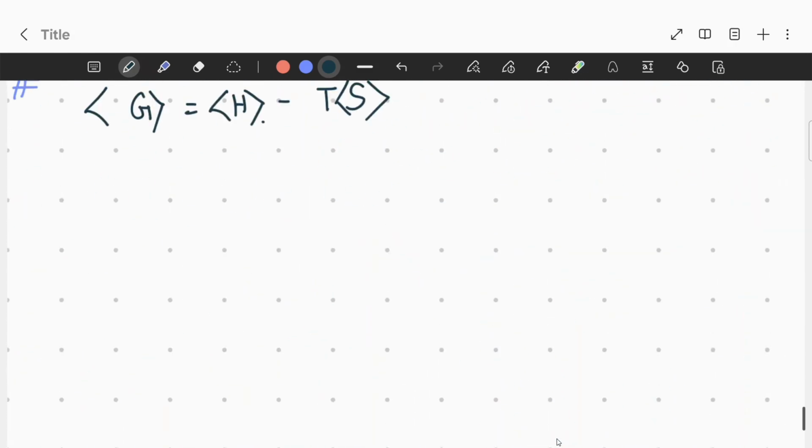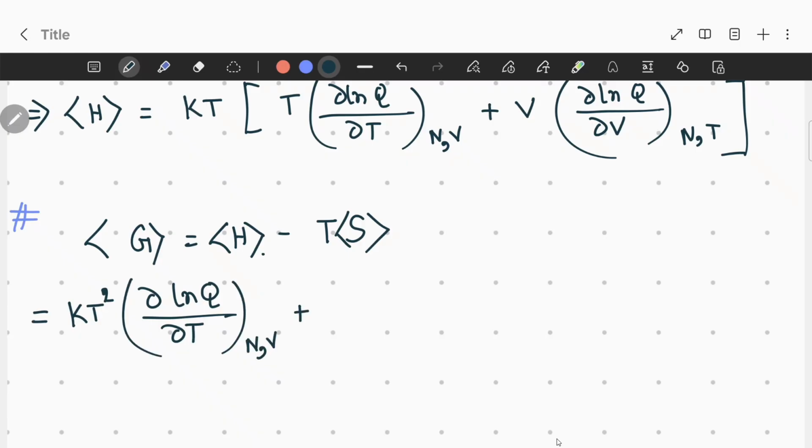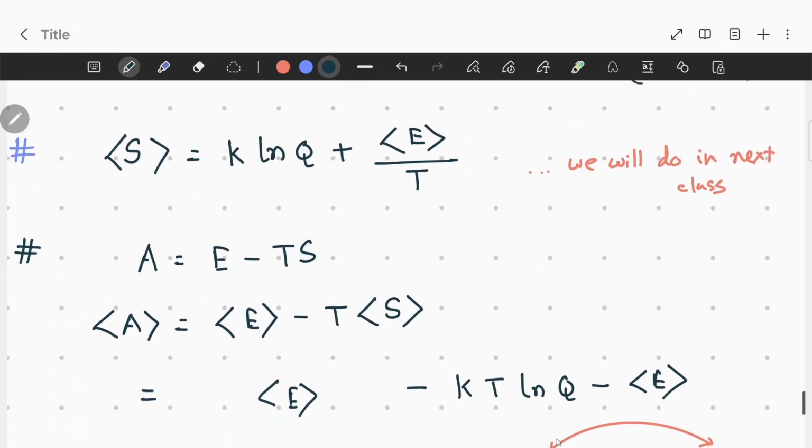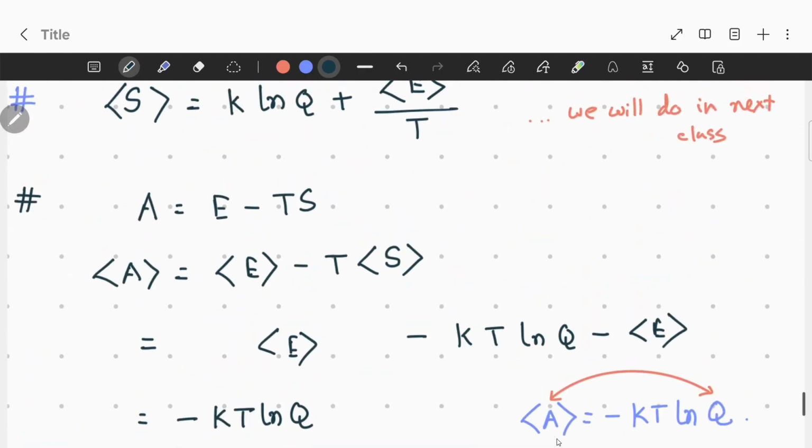So okay, let me write it. kT ln Q minus E average.